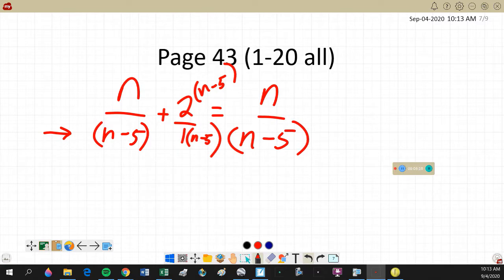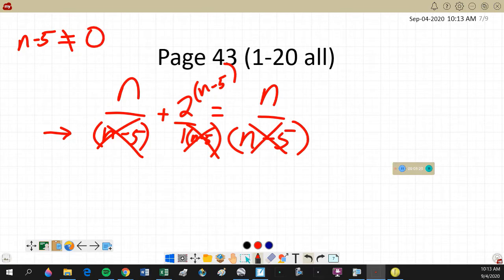In this problem, I can go ahead and ditch all of the n minus 5s, but n minus 5 is not allowed to be 0, which means n cannot be 5. And I just keep that in the back of my mind while I solve this.